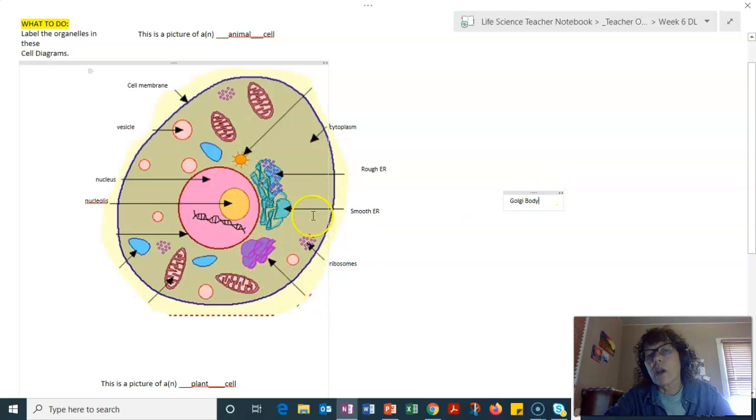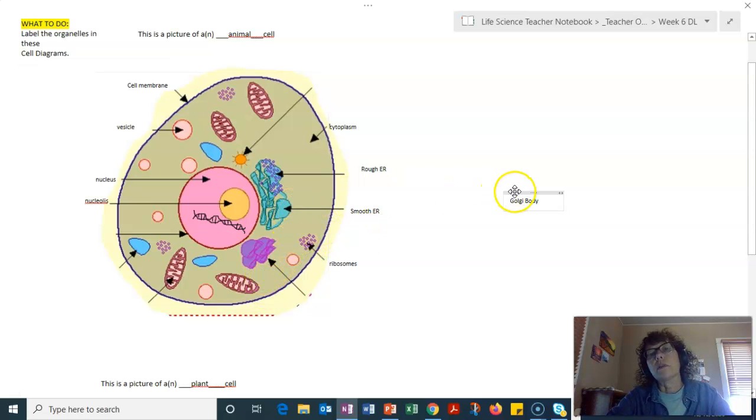So in a diagram or a picture, the ER and the Golgi body look really similar in shape. So if I ask you in a test or something to label a certain organelle, you can tell the difference between the Golgi body and the ER because the ER is always right next to the nucleus, and the Golgi body is not. It's going to be floating around inside the cytoplasm.